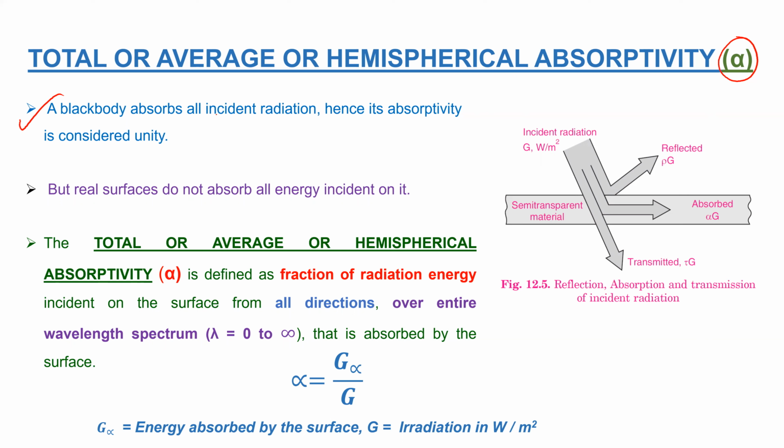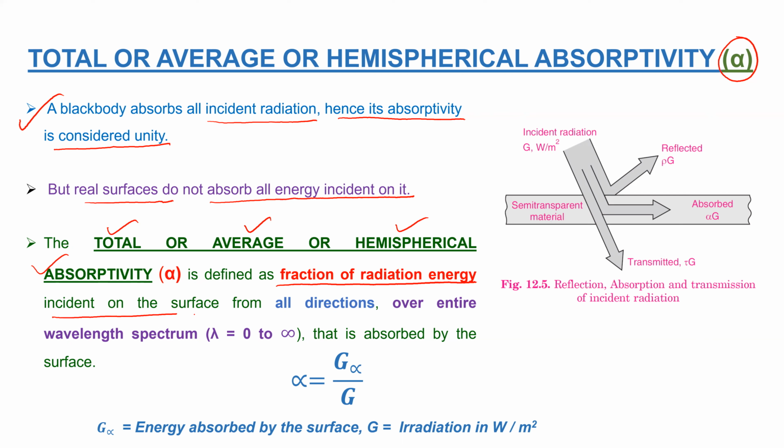A black body absorbs all incident radiation, hence its absorptivity is considered as unity. But real surfaces do not absorb all energy incident on them. Then we define the total or average or hemispherical absorptivity of that surface as the fraction of the radiation energy incident on the surface from all directions over the entire wavelength spectrum, from lambda equal to 0 to infinity, that is absorbed by the surface.